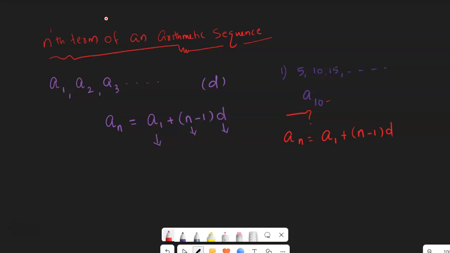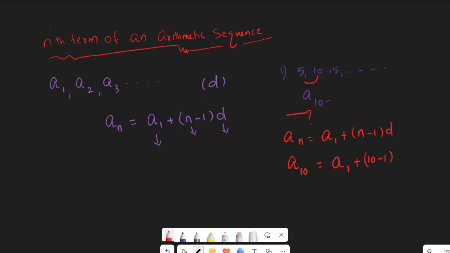We are finding what number comes in the 10th position of the sequence. So a10 is equal to a1 plus 10 minus 1 times d, where d is the common difference.